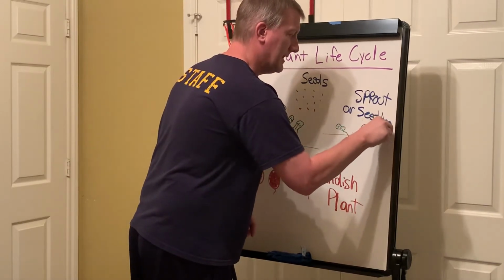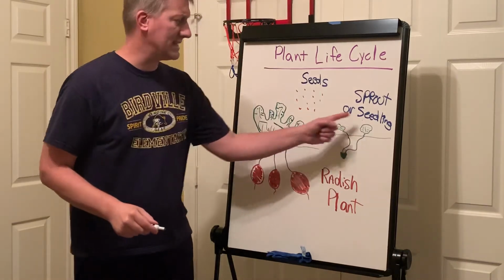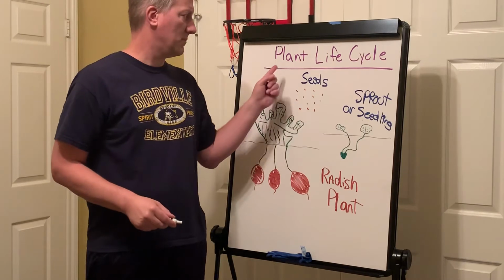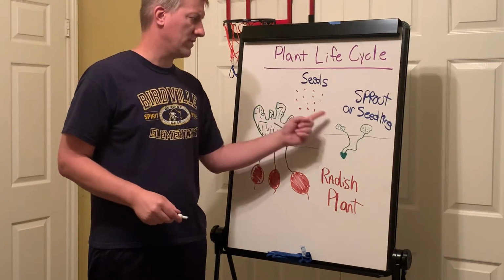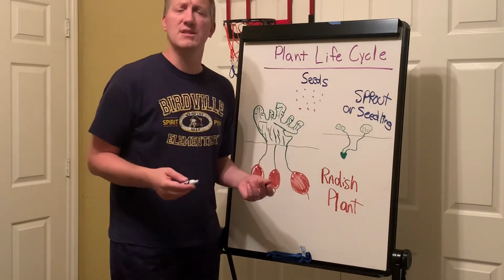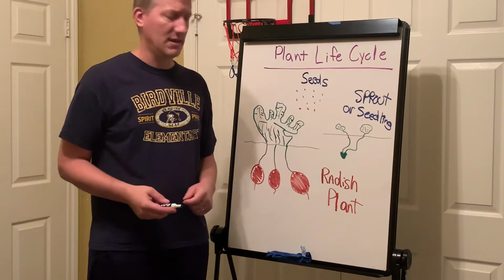So it's called a sprout or a seedling, and that is the second phase that the plant life cycle goes through. It goes from a seed to a seedling. And some people might even call it a small plant, but it's really a sprout or a seedling.